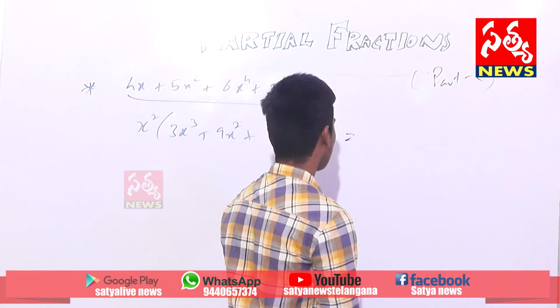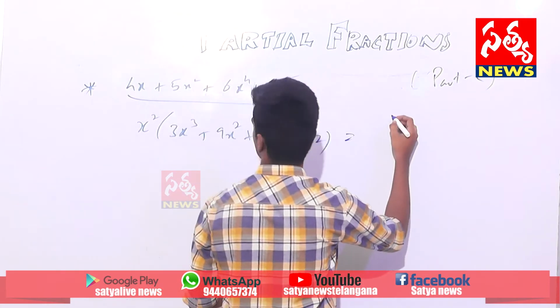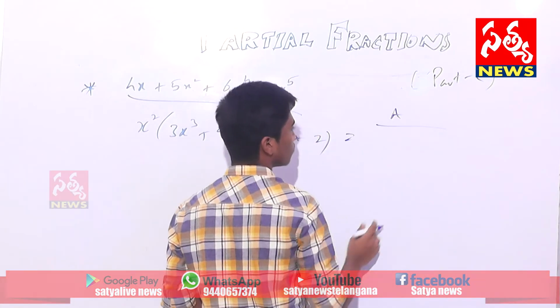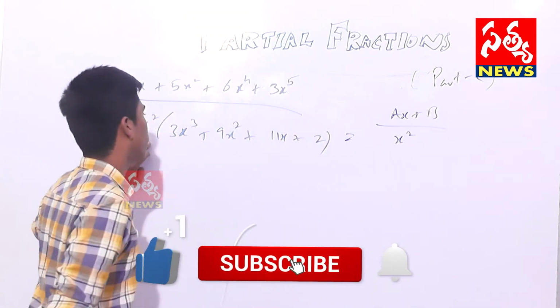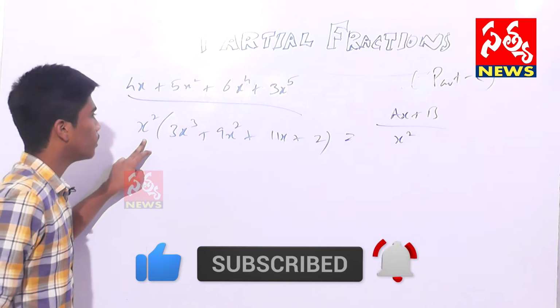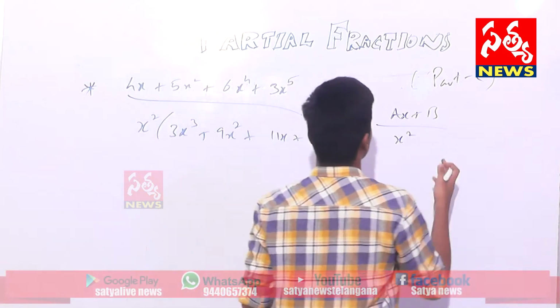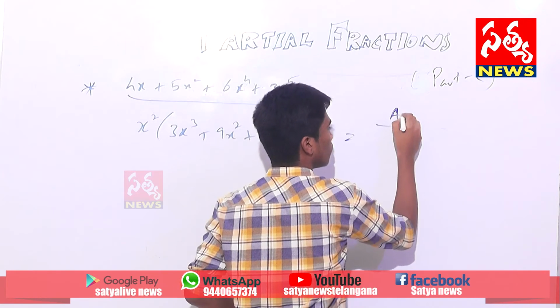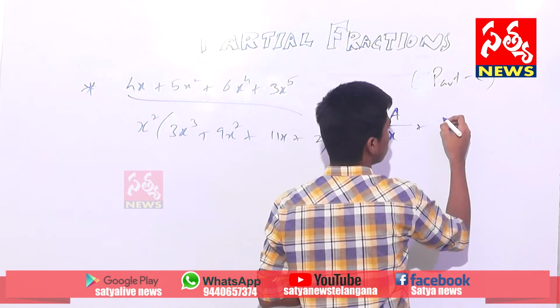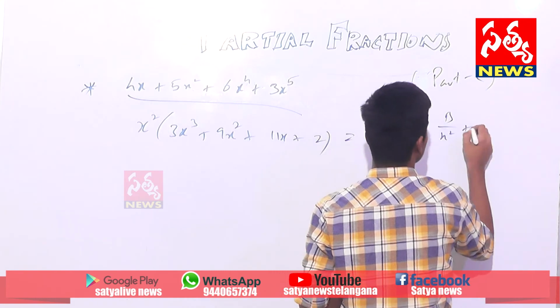For these kinds of problems, we have to take the assumptions as ax plus b by x square, as the denominator is having x square, or else we can take a by x plus b by x square.